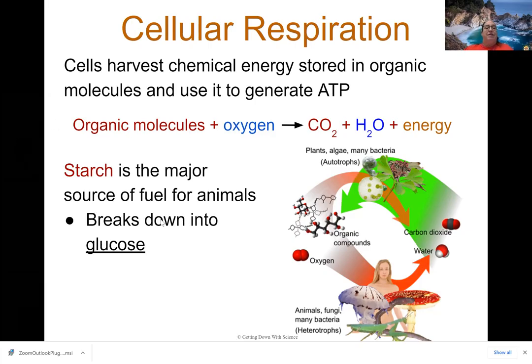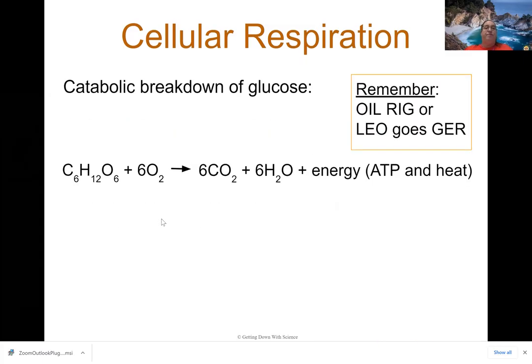So starch will break down into glucose. So we're going to focus on all of our breakdowns and all of our reactions in relation to glucose, but understand that we can use other organic macromolecules to do this process. Ultimately, what we do is we basically turn them into glucose or turn them into one of the particles that's made along the process.